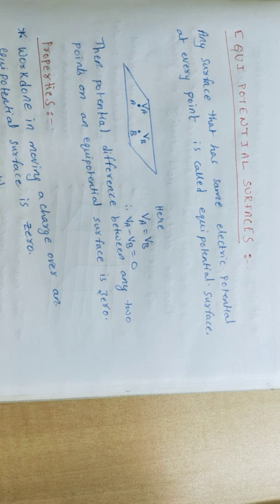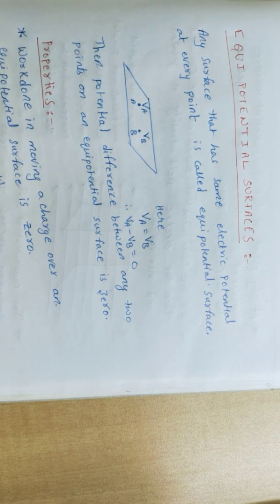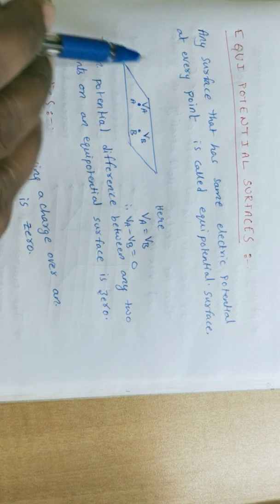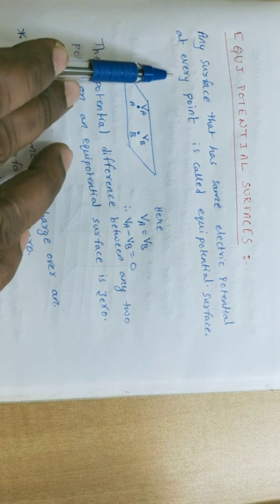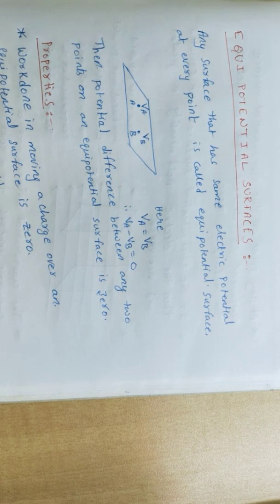Suppose at point A the electric potential is VA and at point B the electric potential is VB. If the VA value and VB value become equal, that surface is treated as an equipotential surface. Any surface that has the same electric potential at every point is called an equipotential surface.